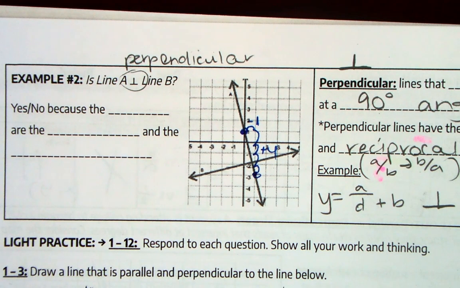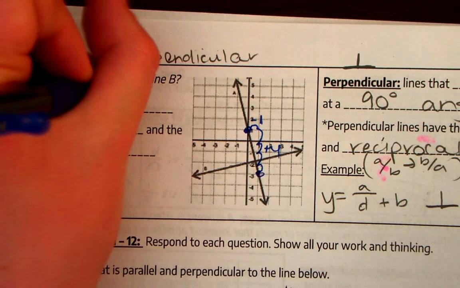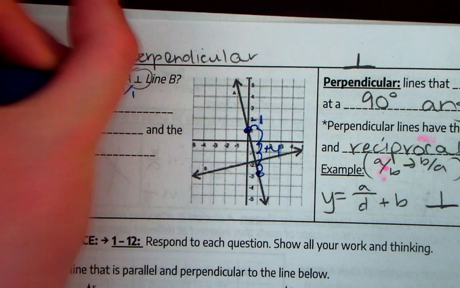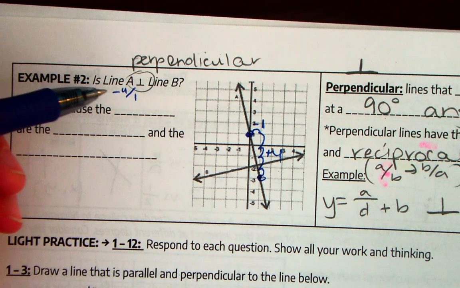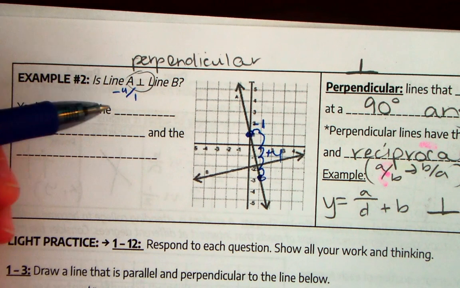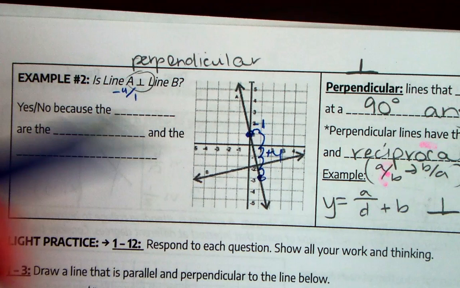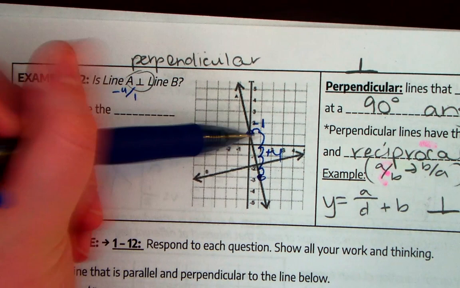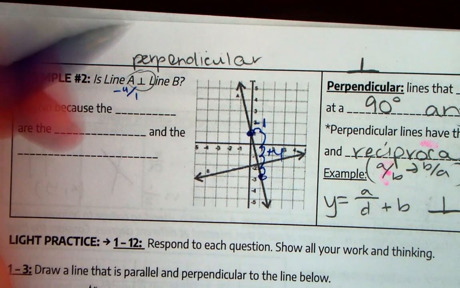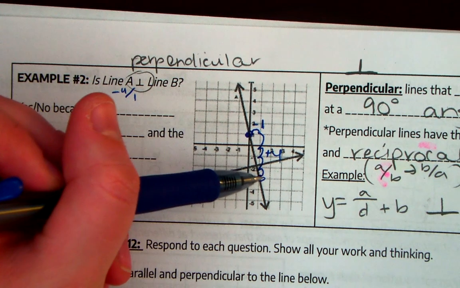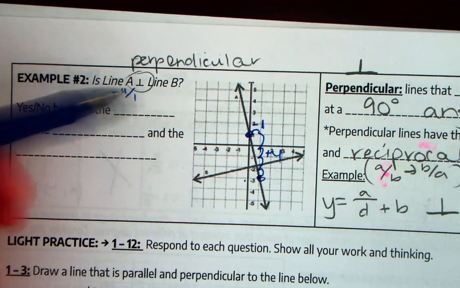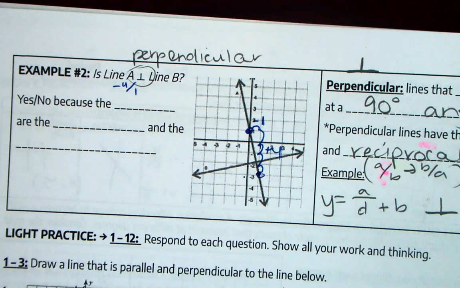So my slope for line A is negative 4 over 1, or 4 over negative 1. It doesn't matter where you assign the negative sign. Sorry, I counted up and then went to the left 1, so that's 4 over negative 1. You could also go down 4, which would be negative 4, and to the right 1. In both cases, you'd end up with a negative number.